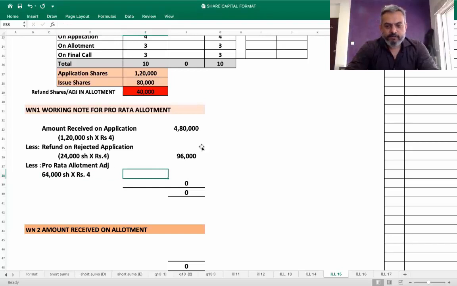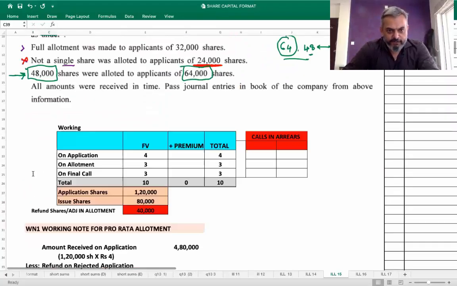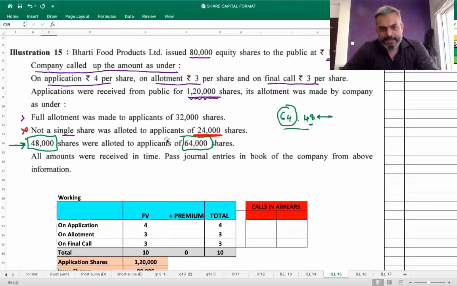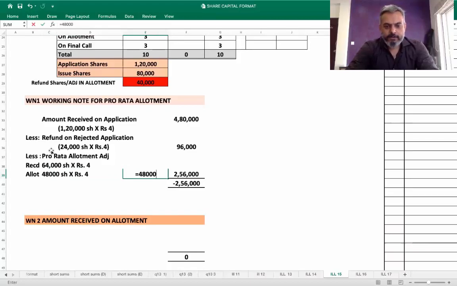So which comes to 64,000 into 4, 2,56,000. इसके सामने this is what we received. Then allot कितना किया, इसमें allot किया हमने 64,000 shares जिन लोगों ने अप्लाई किया, we allotted 48,000 shares. So 48,000 shares into rupees 4. So 48,000 into 4.